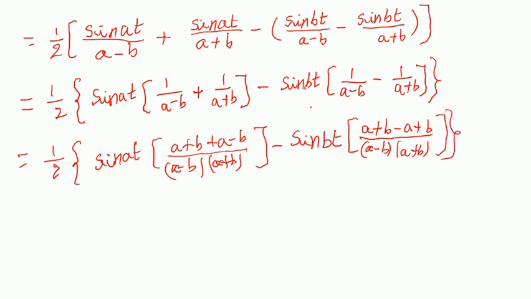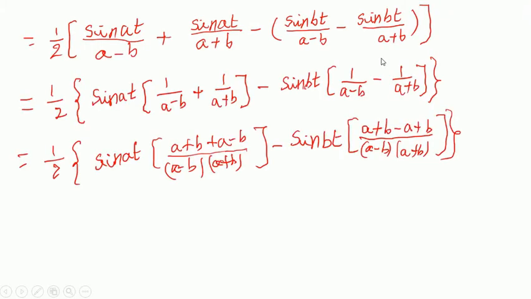If you want to do the simplification, you can simplify, otherwise you can stop at this step. Right, you can stop here, no problem. You can stop at this step by substituting the upper limit and lower limit. If you want to simplify, you can write the below steps.